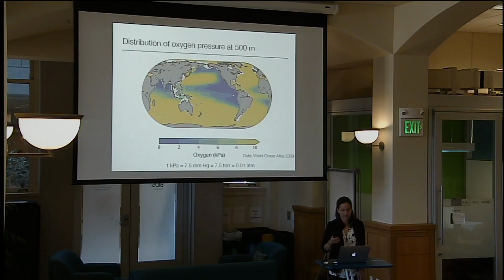Oh, and I also wanted to say, in terms of comparing this to land, when we're on land, we take oxygen for granted. We have plenty of it. We don't really think about it that much. And in terms of going into different systems, like the ocean, where it gets down to really low levels of oxygen like this, the only really comparable equivalents are if you're a mountaineer climbing a mountain and you get to those high altitudes and all of a sudden oxygen is not as abundant as it once was, or the pressure has decreased.